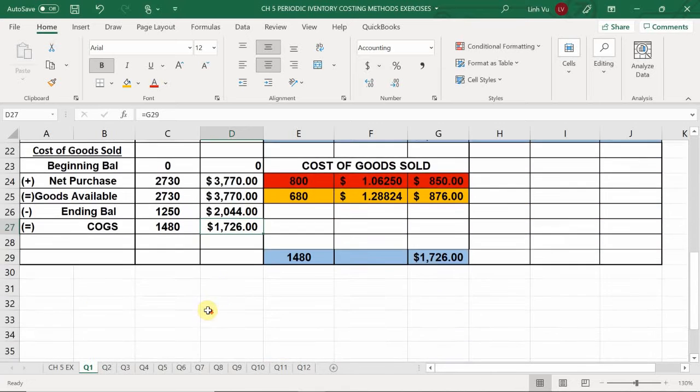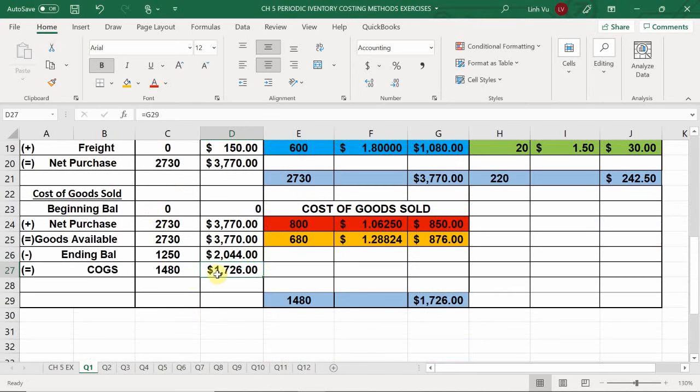Now, in this case, when we were solving for our cost of goods sold, our assumption is that we sold at 1480, right? Now, how much did it cost me? Well, in this case, because we used FIFO, we end up selling the first batch of red first, then our second batch of yellow to get us a grand total of 1726.